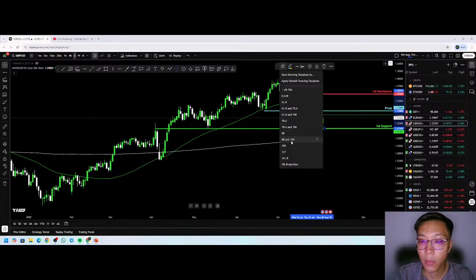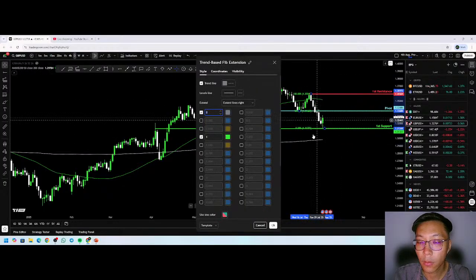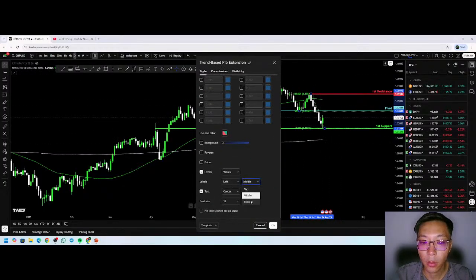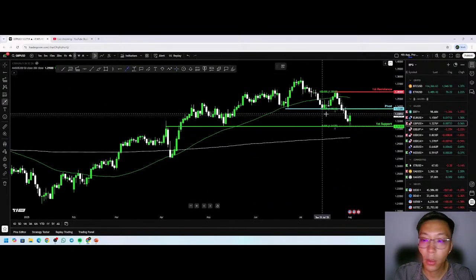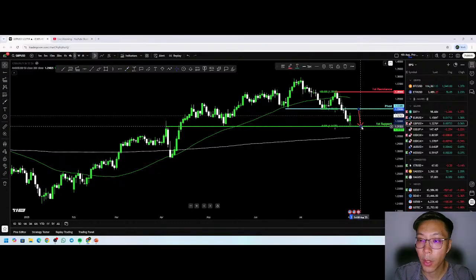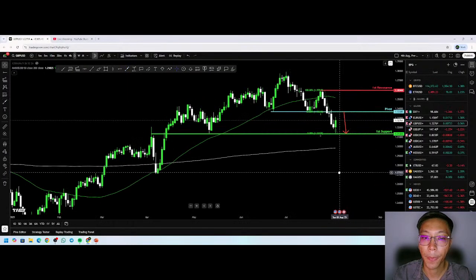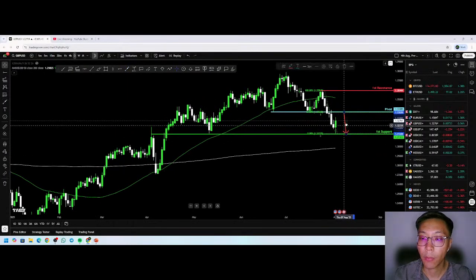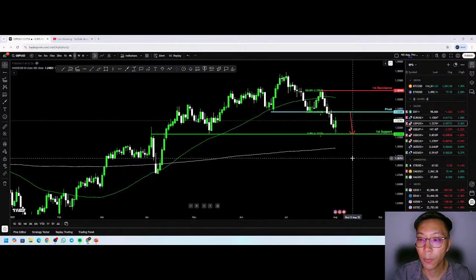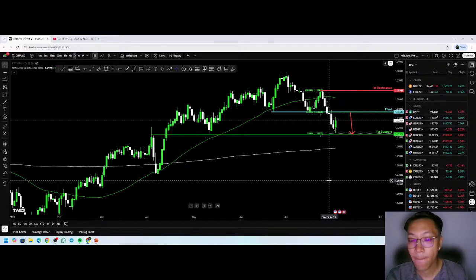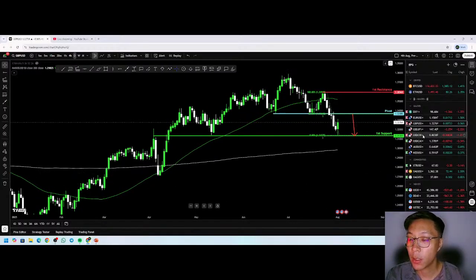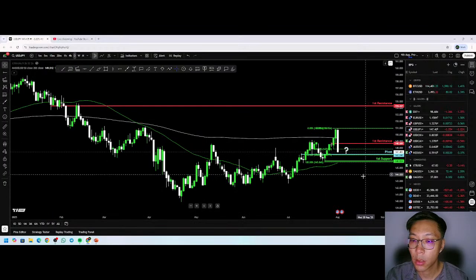This one's slightly different, 100%. Right here, and then we will have a bearish move towards this first support level. Okay, then let's see.